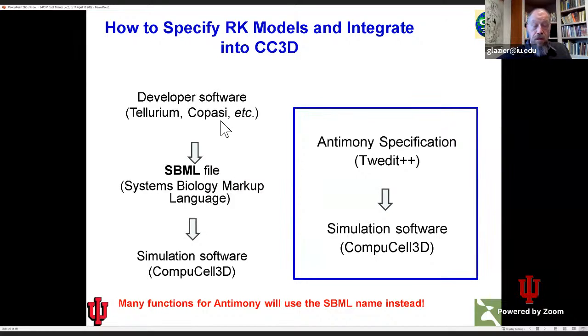There are others that are graphical or text editors. Tellurium will output SBML, so you can convert. One of the things in your cheat sheet is to convert antimony to SBML for interchange. In either case, you can load it into CompuCell, but this is historically why you'll see SBML instead of antimony in a lot of our function names.